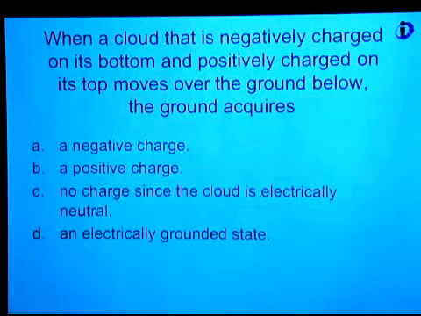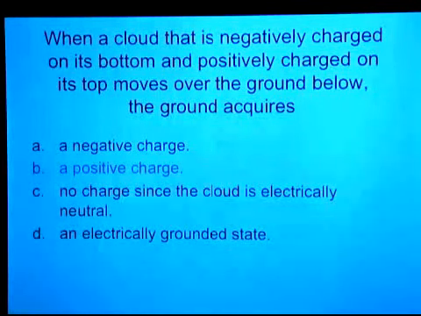Ooh, we got 3/4 of you thinking it's B now. So more of you switched to thinking it's positive than negative. Good, because that's the correct answer.